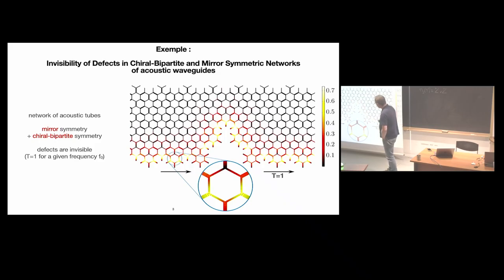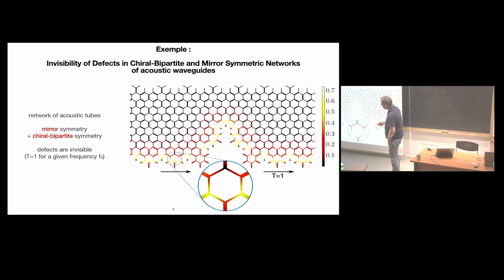And so in this setup, we have invisibility. So the wave is transmitted whatever the defect that is respecting the mirror symmetry. We can cut any defect, and then we have the wave that is passing above this defect. So perfect transmission, and not only perfect transmission, even invisibility, because there is no phase shift as well. So T equal 1, the complex transmission coefficient is equal to 1.